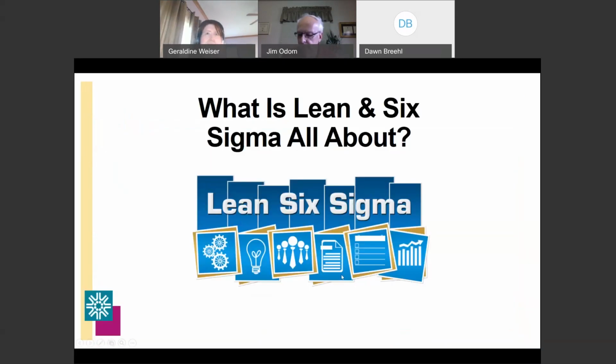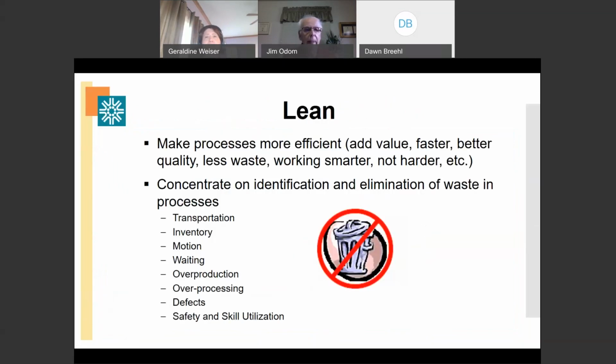So what we're going to cover today: we're going to talk about Lean and what it can do for you. Lean is all about making our processes more efficient. We're going to talk about the 8 wastes, which we remember with the acronym TIM WOODS.